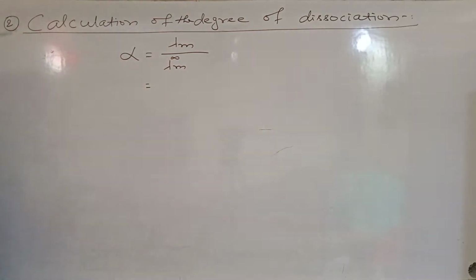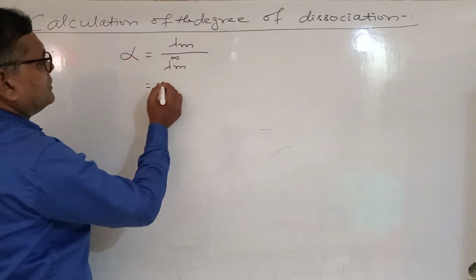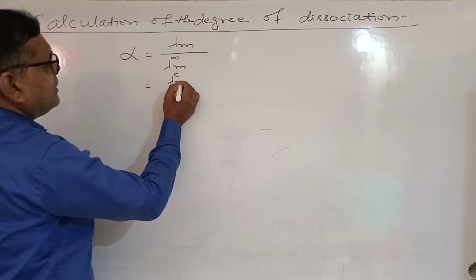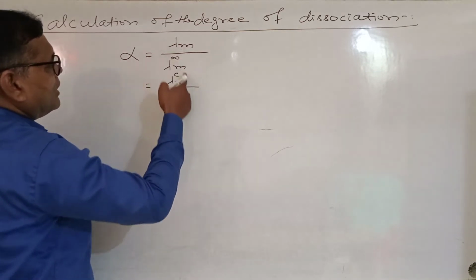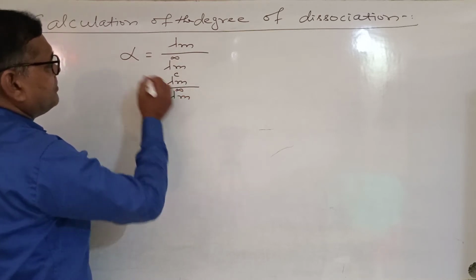This formula determines the degree of dissociation of a weak electrolyte. Instead of lambda m, we can also write lambda c m. Both are the same, upon lambda infinity m.